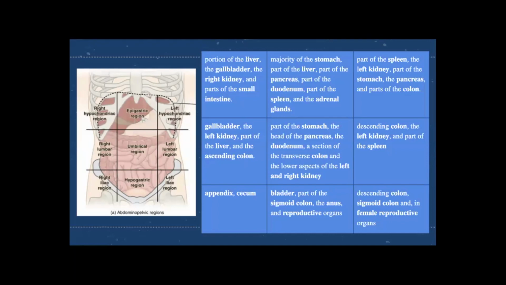The prefix is hypo, and the root is chondriac. I'm not sure what chondriac means, because there are thousands and thousands of roots for different parts of the body, but that's how it works. You just have to memorize them. I can tell you that hypogastric, hypo means below, and gastric is pertaining to the stomach, the intestines. So don't worry about it.